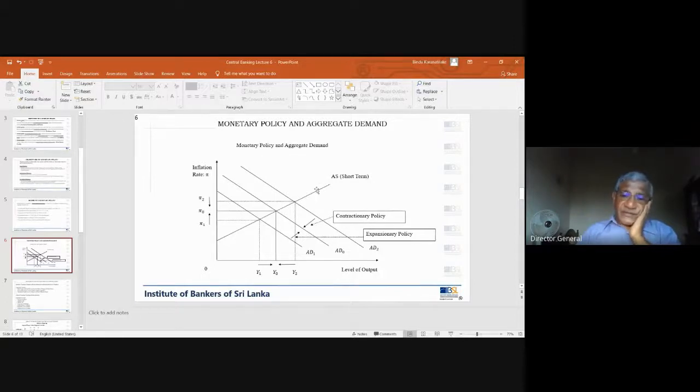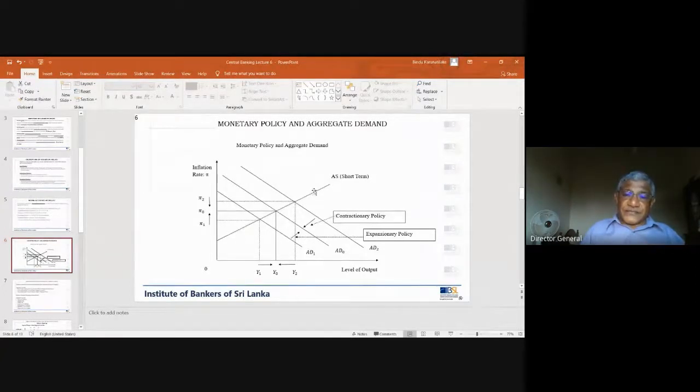Now here, there are two terms: contractionary monetary policy and expansionary monetary policy. This is the nature of monetary policy. Depending on what the central bank does, that particular policy can be identified as either a contractionary monetary policy or an expansionary monetary policy.